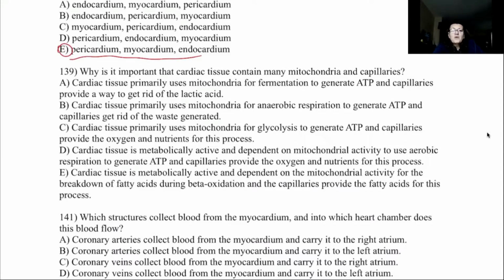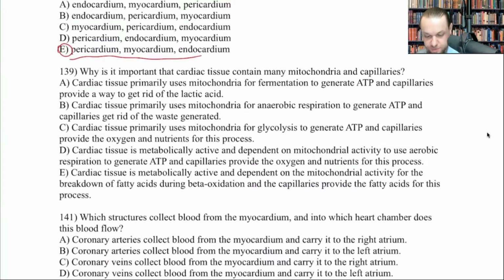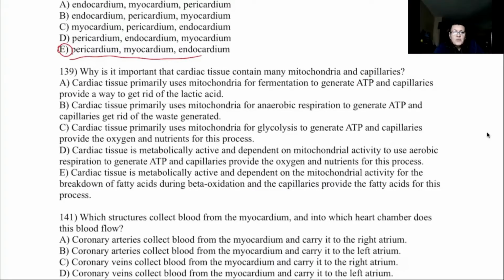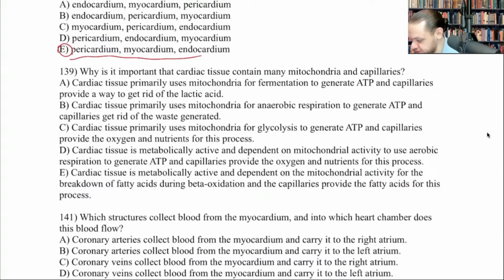Okay, why is it important that cardiac tissue contain many mitochondria and capillaries? Okay, so mitochondria, the powerhouse of the cell, and cardiac tissue is very demanding. Correct. C: cardiac tissue primarily uses mitochondria for glycolysis to generate ATP and capillaries to provide oxygen and nutrients for this process.